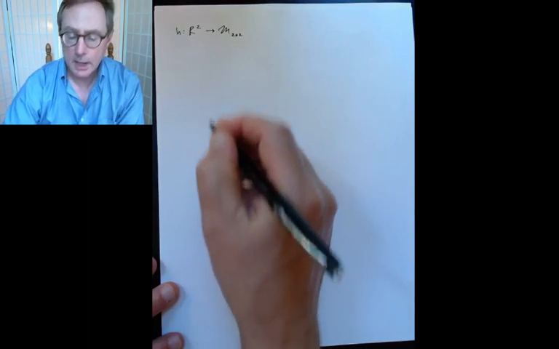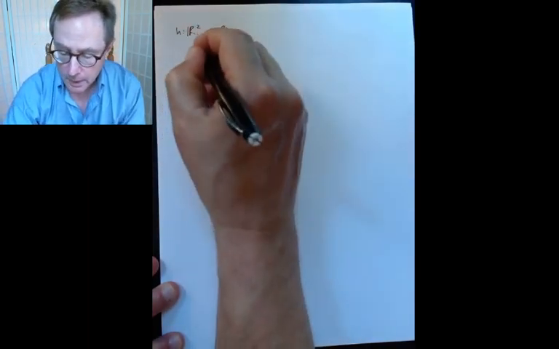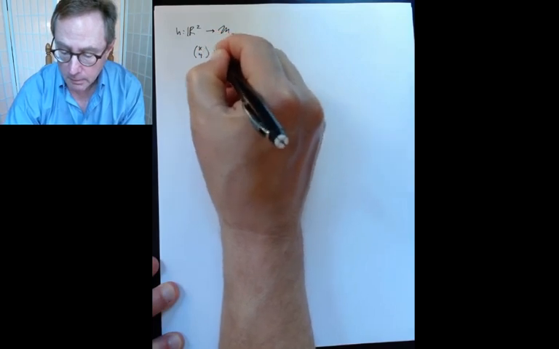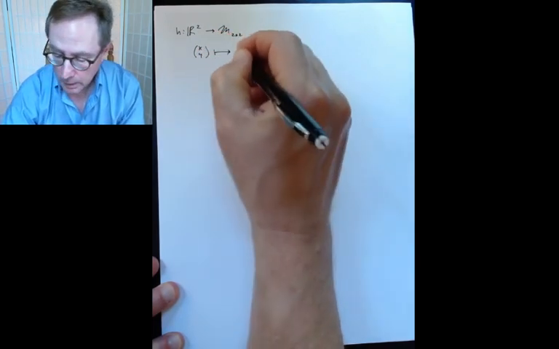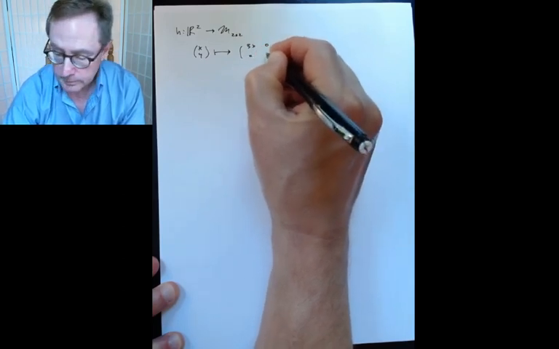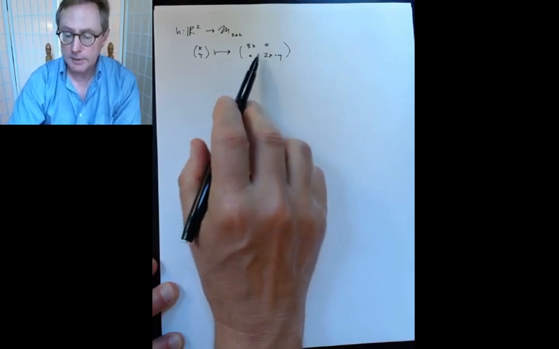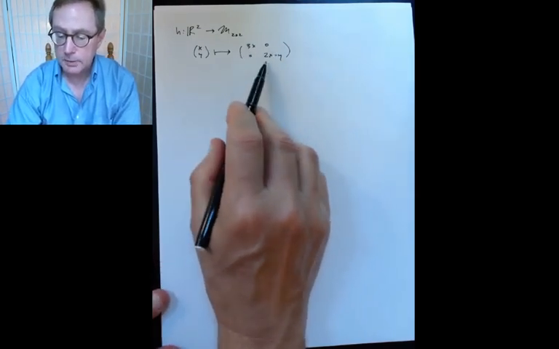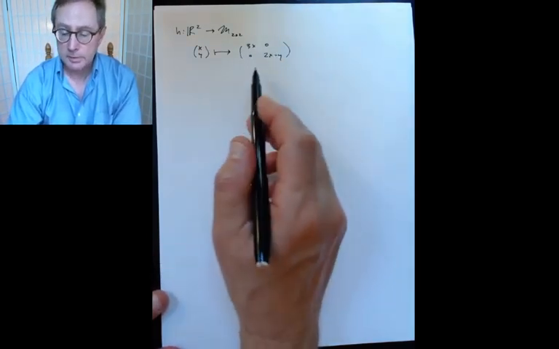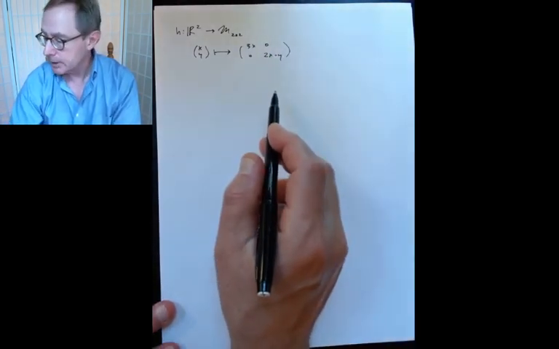It's given by (x, y) goes to the matrix 3x, 0, 0, and 2x minus y. I made it a 2x2 matrix, and I didn't want to have too much in there, because it simply makes it longer to do and doesn't illustrate anything more, so I made it a diagonal matrix.